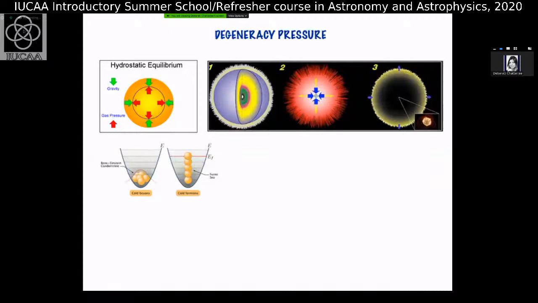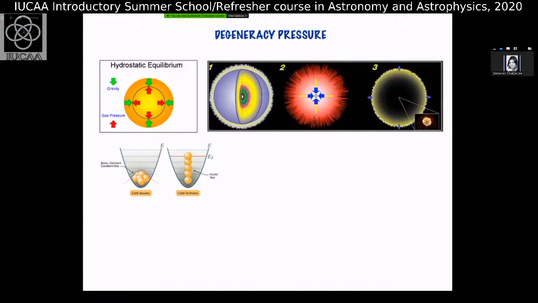Basically they occupy only one particle per energy level, which leads to an increase in the energy levels until a Fermi energy is reached. So I will be talking about this in the next lecture. And so basically this gives rise to a pressure which is called the degeneracy pressure.